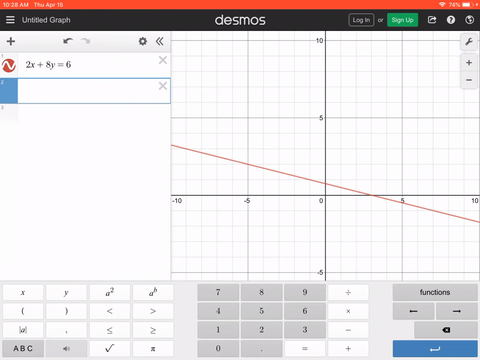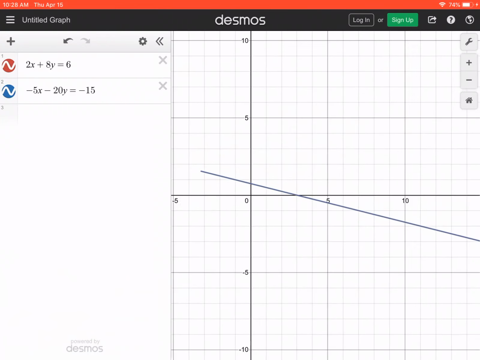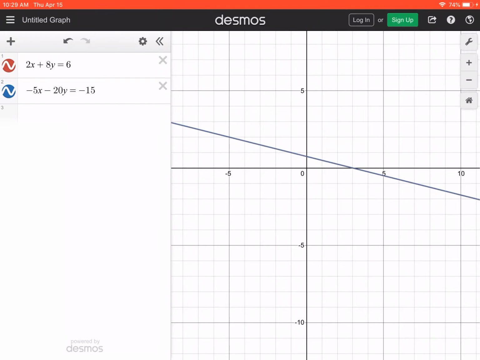And then the second one was negative 5x minus 20y equals negative 15. Right now the first one's in red, the second one's in blue. Watch what happens when I make it a 15. They sit on top of each other. Okay? So if it's one line sitting on top of another line, it's called infinite solutions.